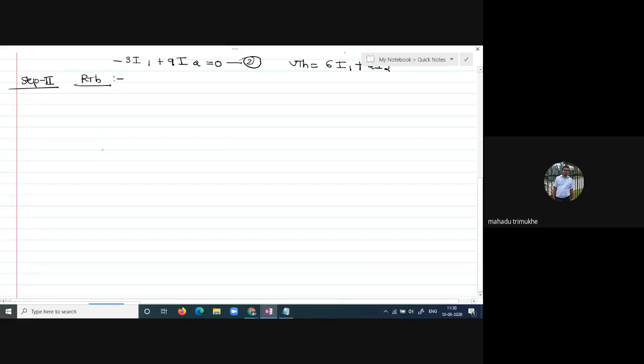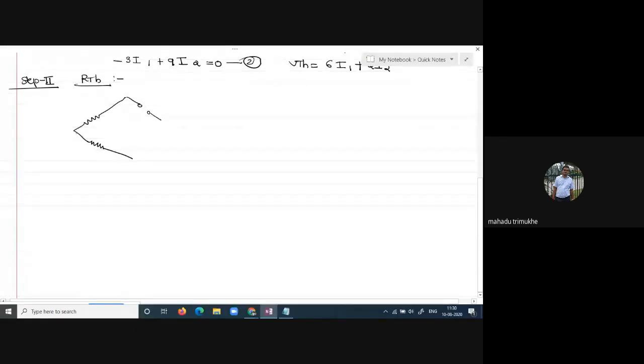So now I'll draw the diagram again. This statement is for independent sources only, not for dependent. Dependent we already discussed, and we'll see in the next example how to calculate RTH with a dependent source.